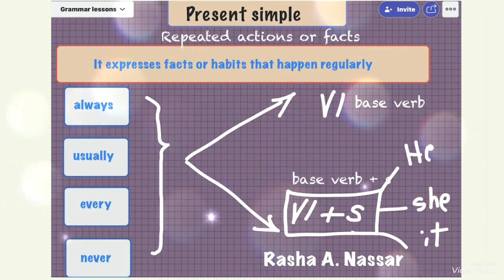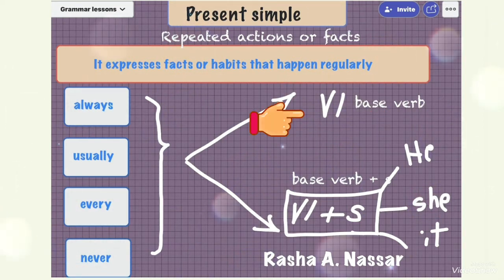We will use either V1 or V1 plus S. What is V1? V1 is the verb without anything, without ing, without ed, and without s.